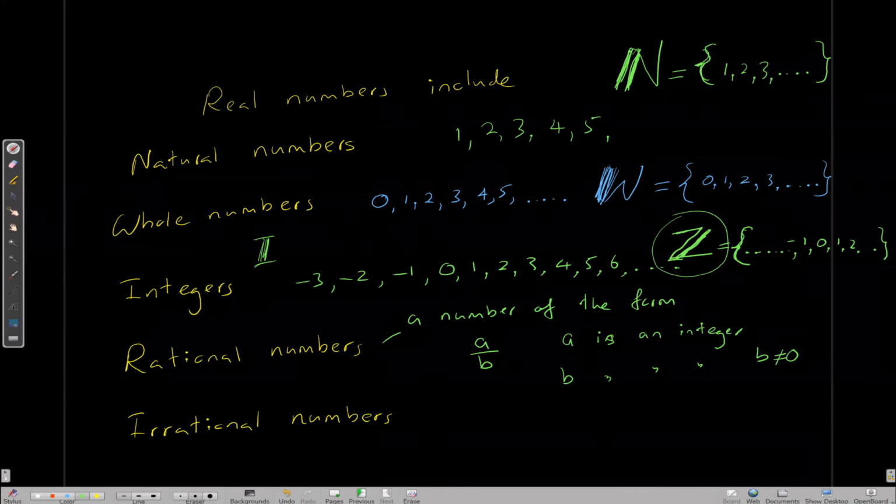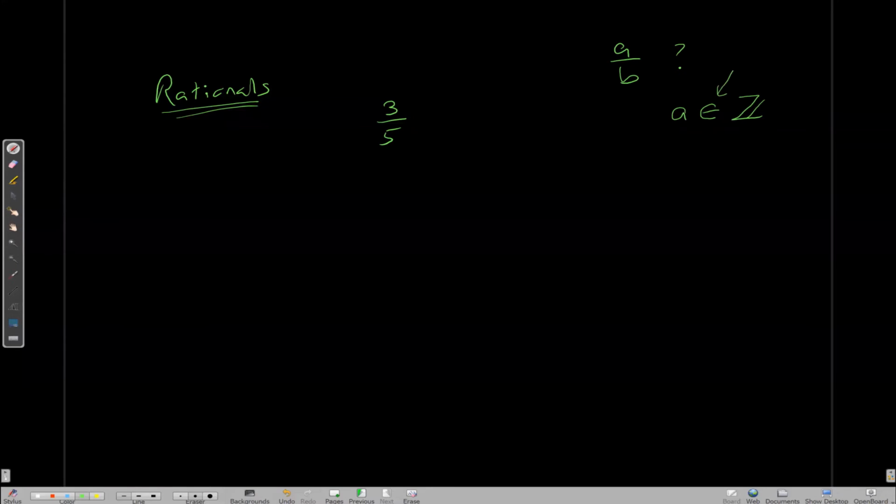Now let me go to the next page because we don't have enough space now. Rational numbers. Examples: 3 over 5. Is it in a over b form? Yes, right? a is 3, b is 5. And remember, a has to be an integer. Normally we write it like this: a is an integer. This notation means belongs to.